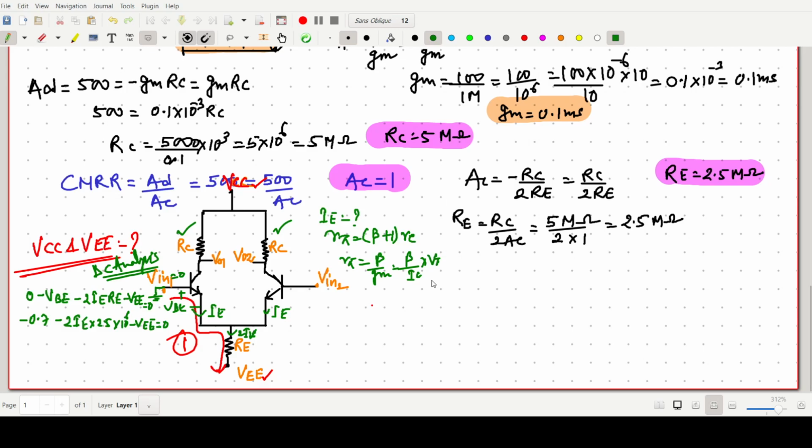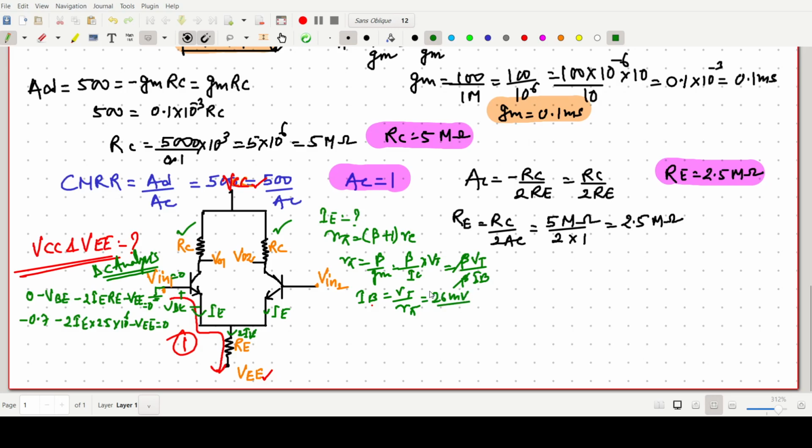And IC equals beta IB, so beta beta cancel. So the IB value will be VT by R pi, VT 26 millivolt by R pi.